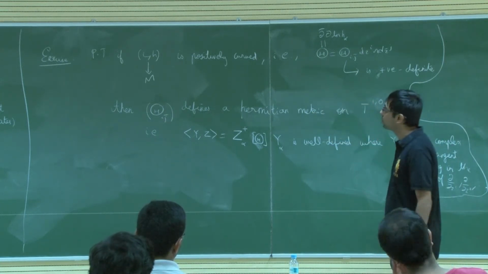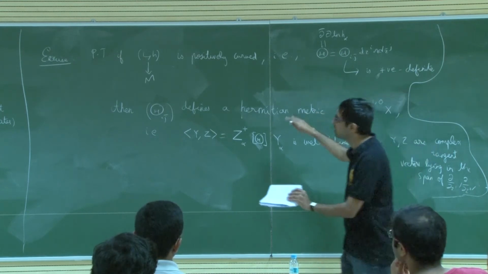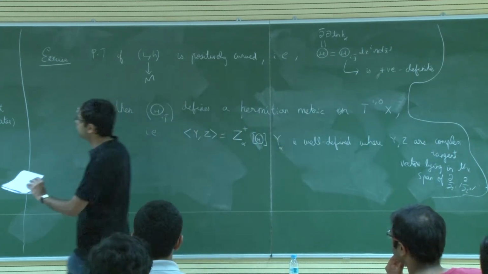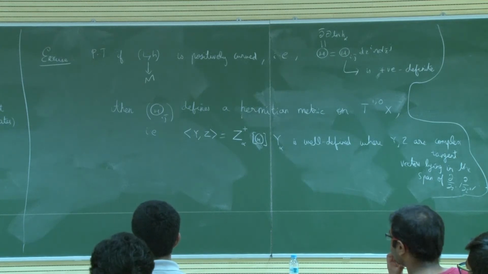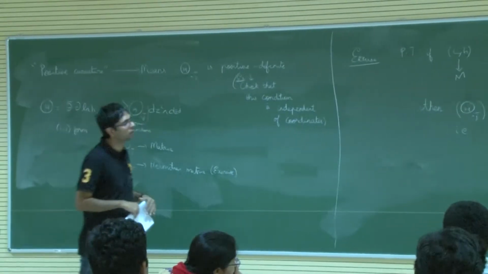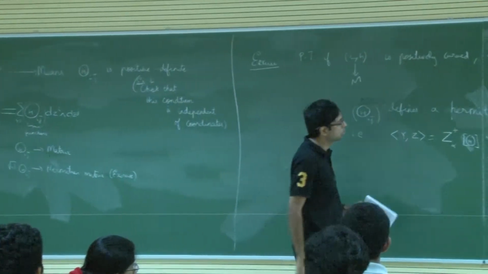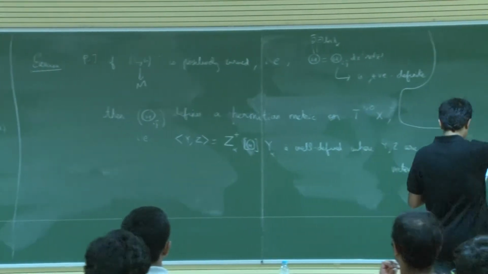Okay. Once again, I agree that I'm giving all of these as exercises, but whatever you naively think will happen is going to happen. You have a matrix of the correct size, it's going to define a metric, that's all. It's not rocket science.